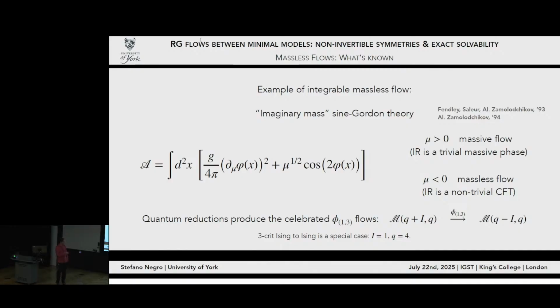The most famous one is the tricritical Ising to Ising flow, which is obtained by putting p equal 3 and q equal 4. I'm going to review the notation here, but this M simply means minimal model with p and q as written here.